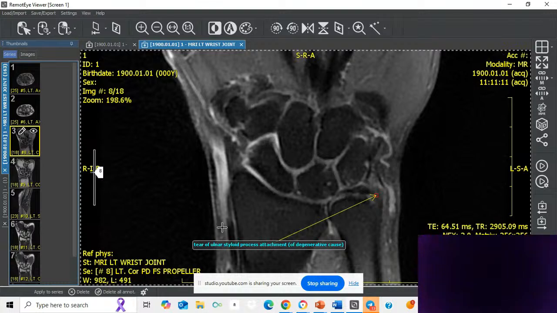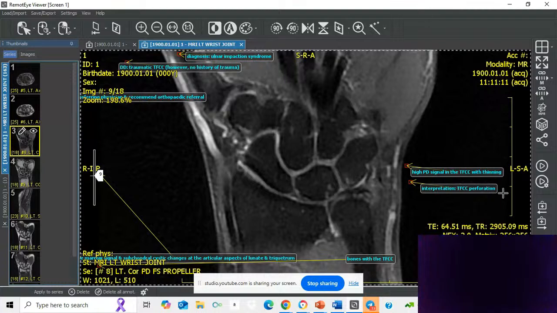There is a high proton density signal at the ulnar styloid process attachment of the triangular fibrocartilage complex, denoting tear of the triangular fibrocartilage complex, and this tear is of degenerative cause. Interpretation: triangular fibrocartilage perforation of degenerative cause.